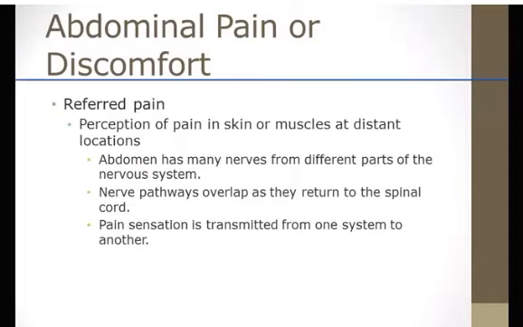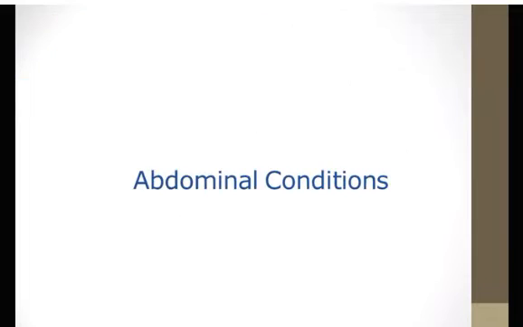Even though it's originating from the gallbladder or the abdomen, you're going to get the pain in the chest. Other things will do that, but the gallbladder is probably the most common one to refer pain. So if you've got referred pain, it makes it really difficult to pinpoint where the problem lies.